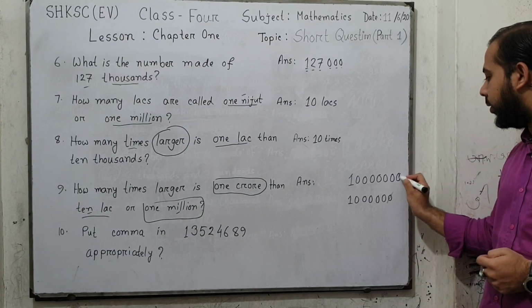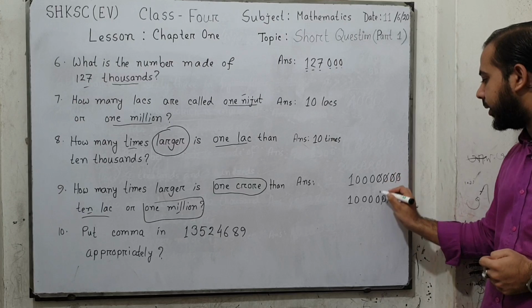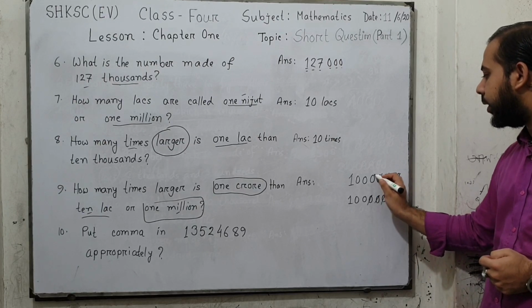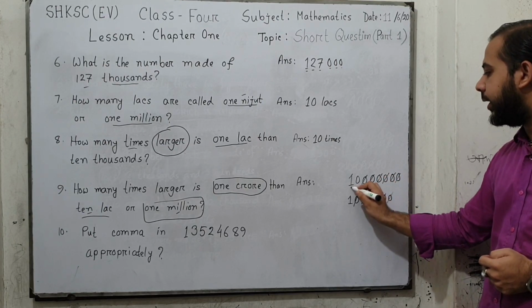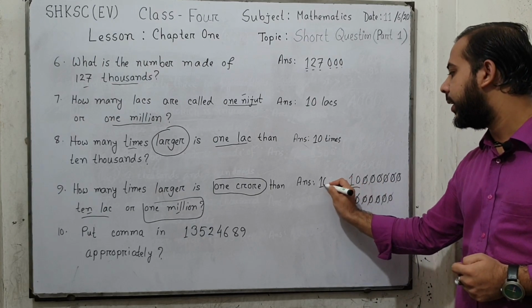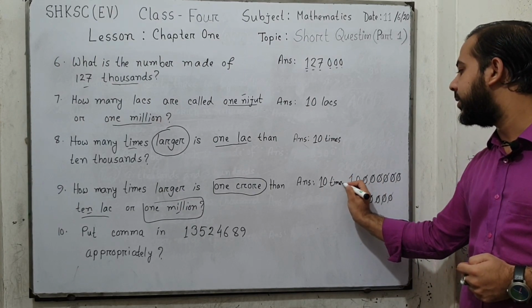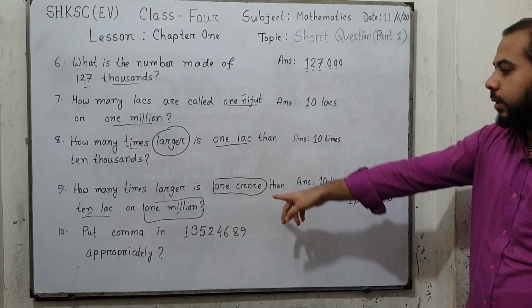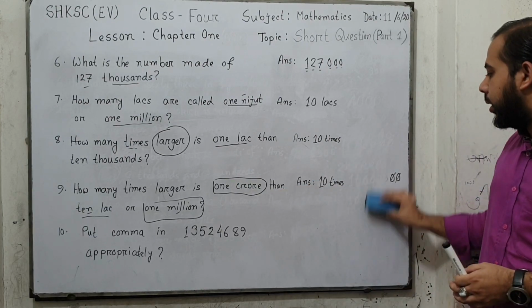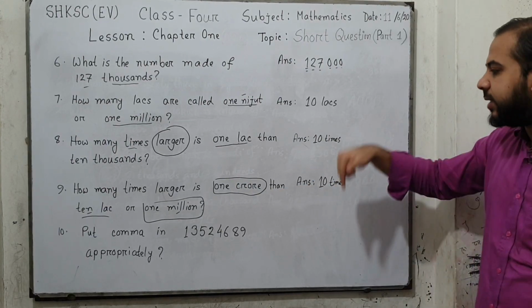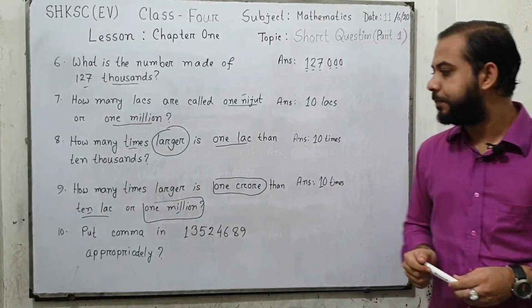And now we cancel all the zeros. If we cancel all the zeros here, what remains? Only 10. So the answer is 10 times larger. That is, 1 crore is 10 times larger than 10 lakh.